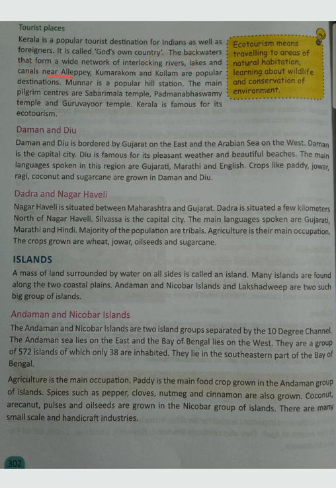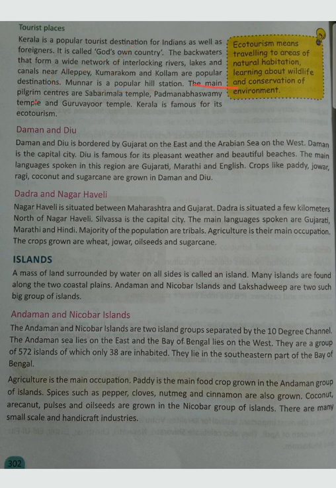Then Alappuzha, Kumarakom, and Kollam are popular destinations. Another tourist destination is Alappuzha. Then Kumarakom, then Kollam. Then Munnar is a popular hill station. So Munnar is a very famous popular hill station of Kerala.